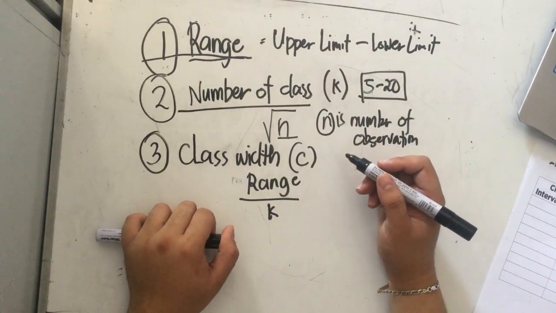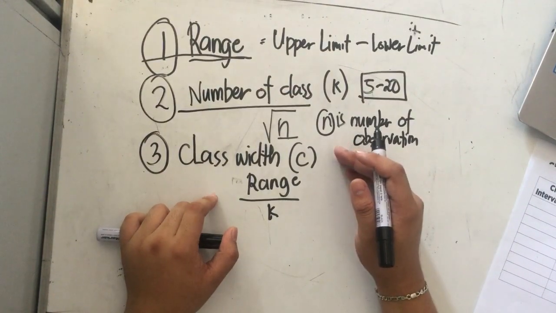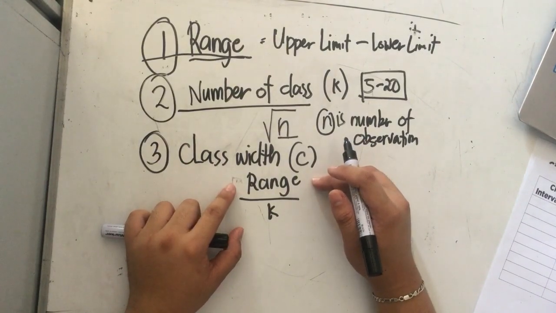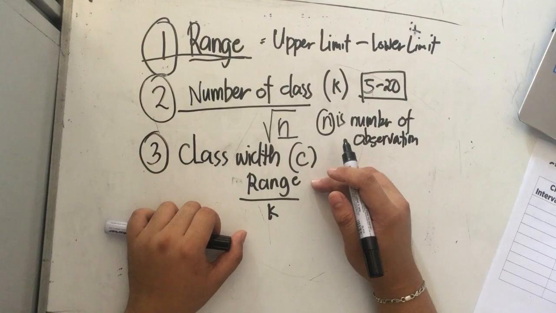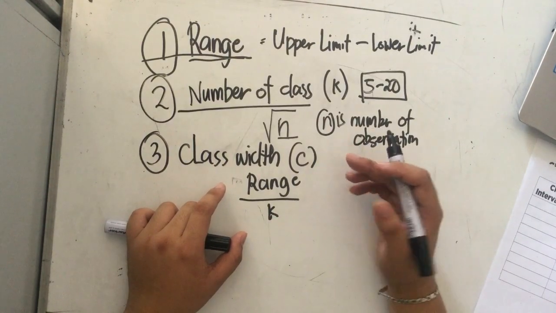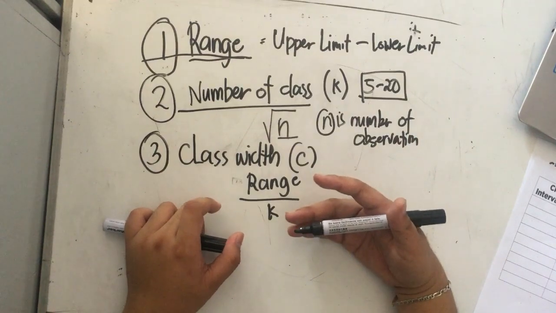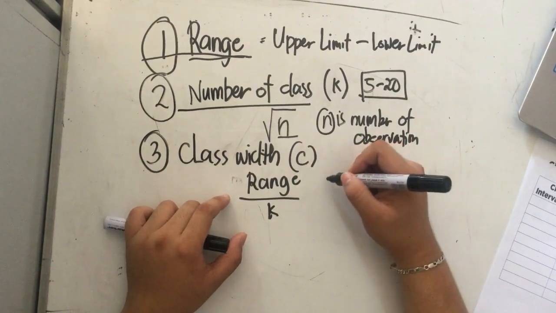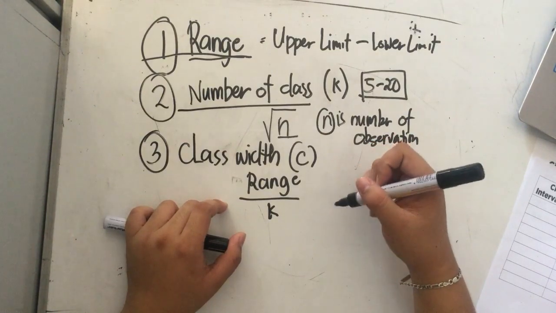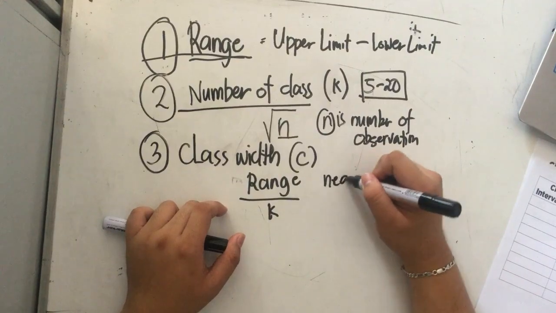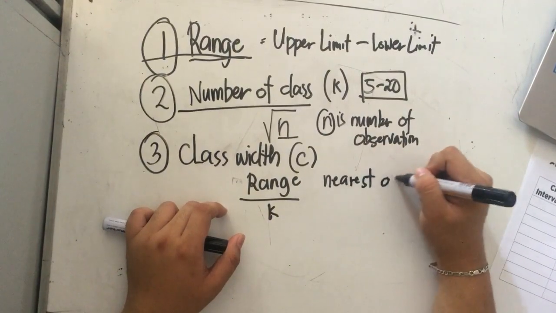Okay, so in some books, they have the approximation of the range by rounding it up, and some by rounding it down. But in our class, we will be using the rounding system by rounding it to the nearest odd.